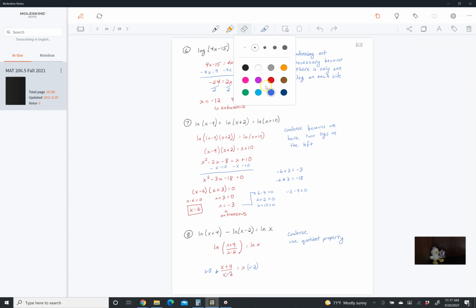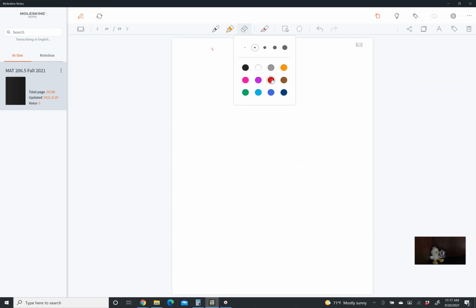Okay, so what we wind up with, going to the next page, is x plus 4 is equal to x times x minus 2, or x plus 4 is equal to x squared minus 2x.